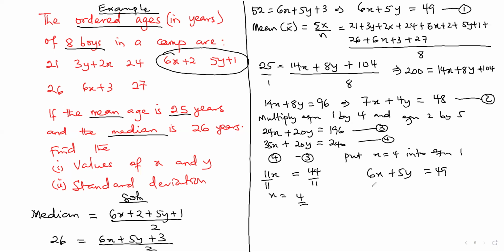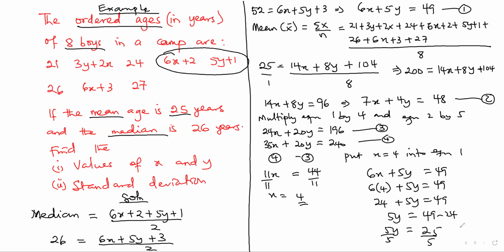So we substitute, 24 plus 5y equal to 49. We make y the subject: 5y equal to 49 minus 24, and 49 minus 24 gives us 25. Dividing through by 5, our y is 5.